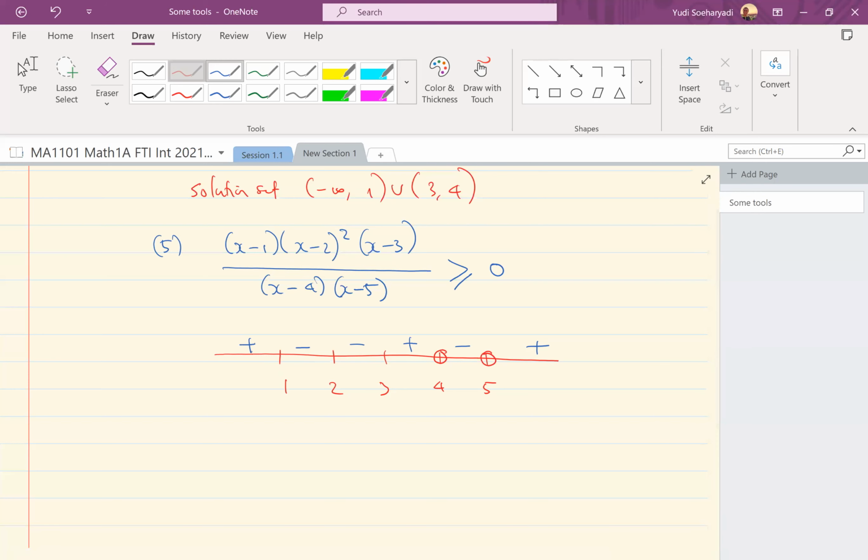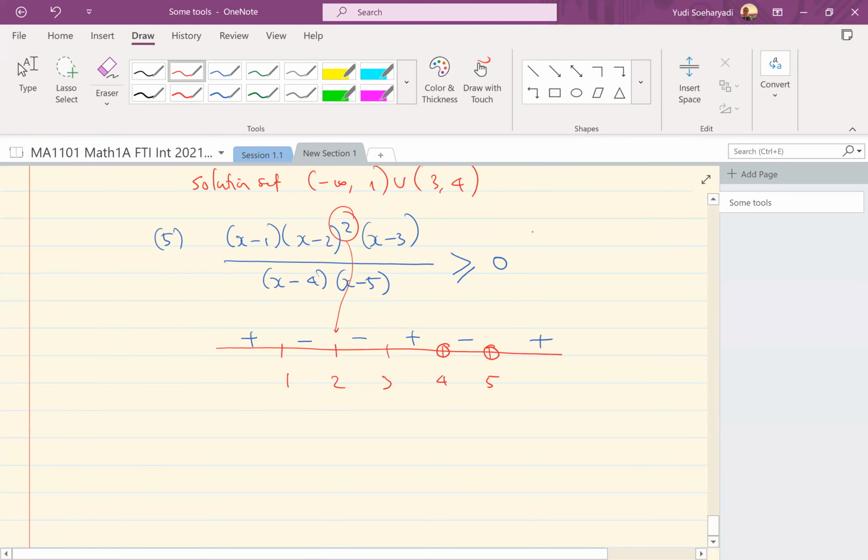Okay, so the thing to remember is this exponent: even exponent, you keep sign. Odd exponent, change sign. Okay, so that's why the solution is easy.